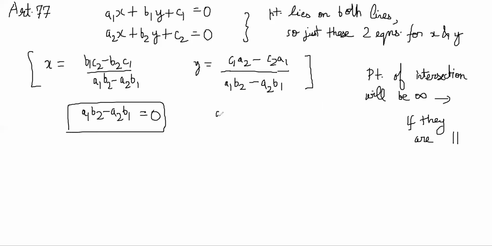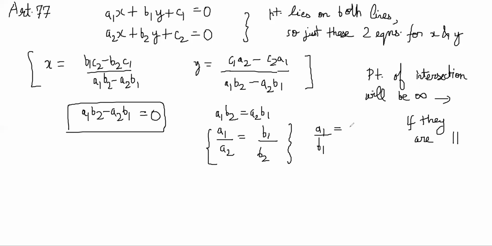So you'll get a1 b2 is equal to a2 b1. So a1 by a2 is equal to b1 by b2, which is another way of saying a1 by b1 is equal to a2 by b2. So minus a1 by b1 is equal to minus a2 by b2, or m1 is equal to m2.